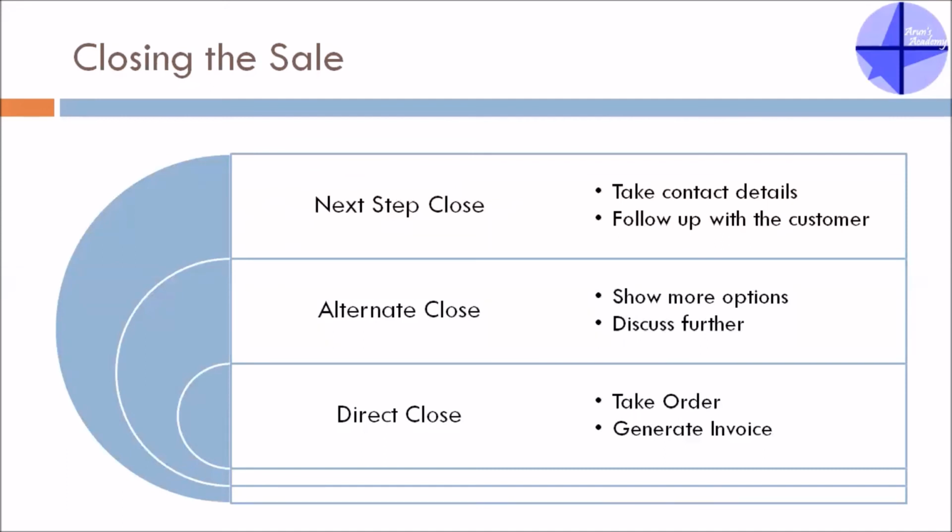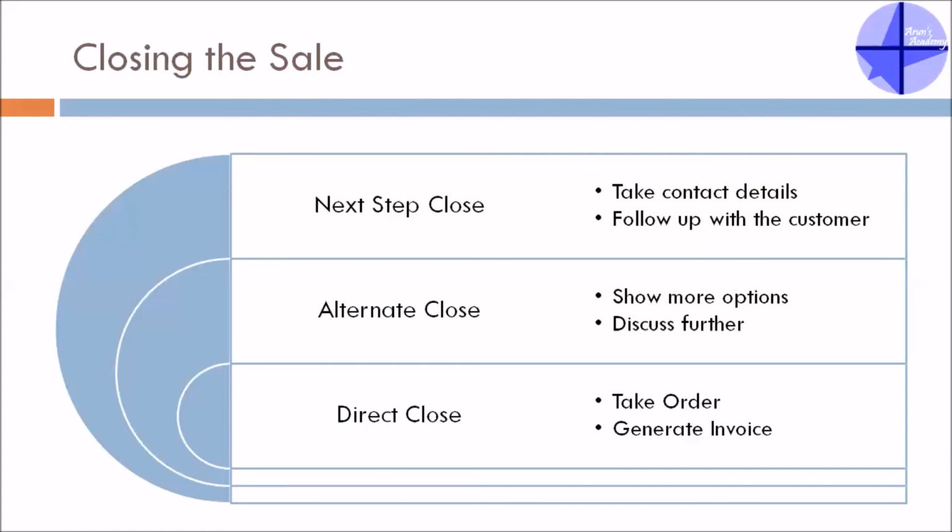To take an example of a two-wheeler, the customer might say, I want to give one more test ride to my father or my brother, or I have to take my wife on a test ride before I can finalize this particular purchase. That's the next step close. Most of the customers you are meeting will end up in a next step close.